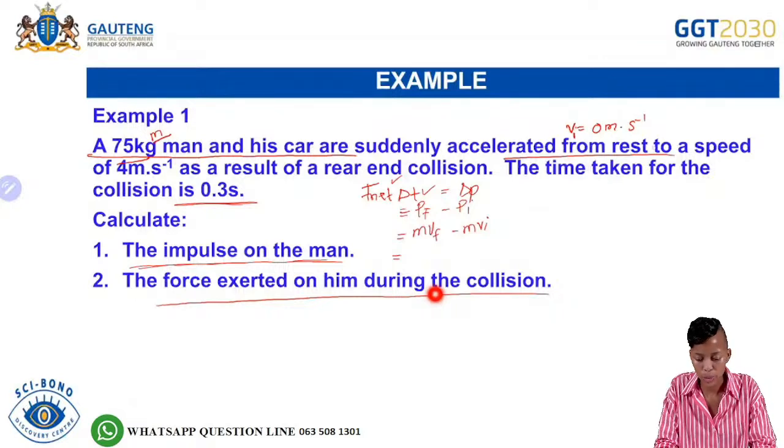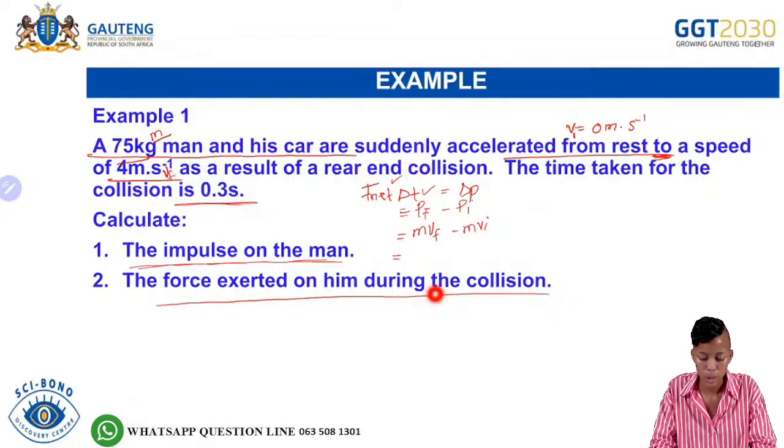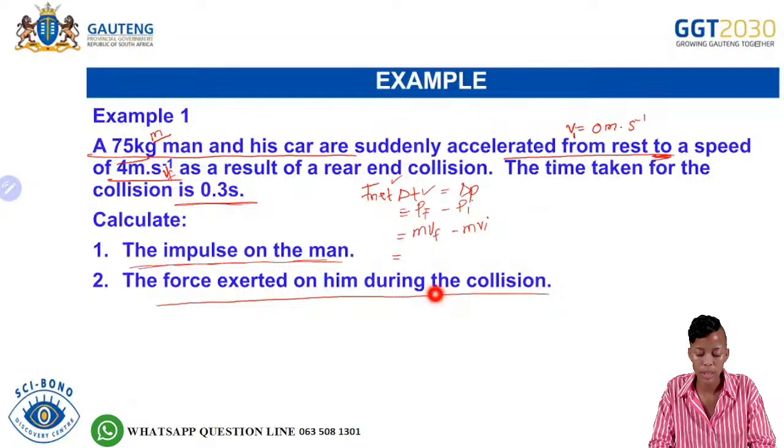To a speed of 4 meters per second, there's your keyword, represents our final velocity. In this case, it is going in one direction, so the initial velocity and the final velocity are all going in one direction.